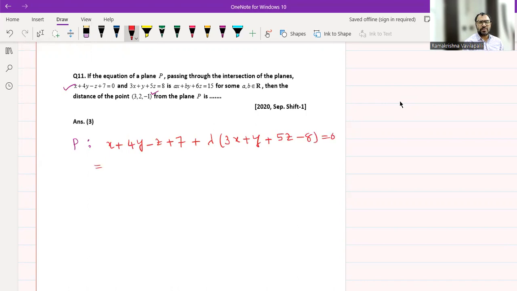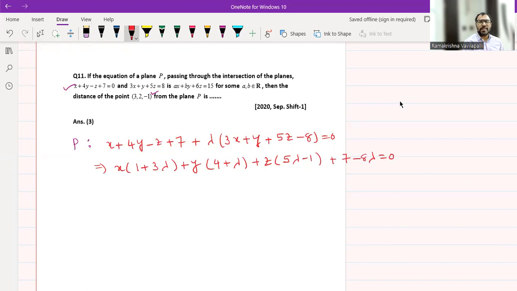Just simplify this: x into (1 + 3λ) plus y into (4 + λ) plus z into (5λ - 1) plus (7 - 8λ).